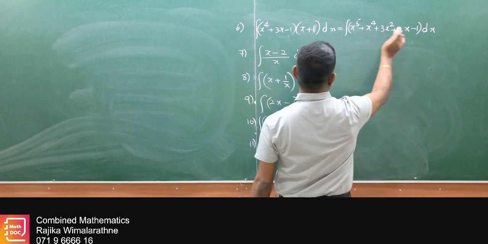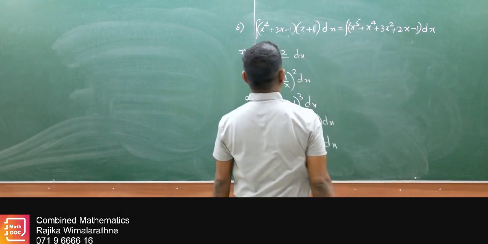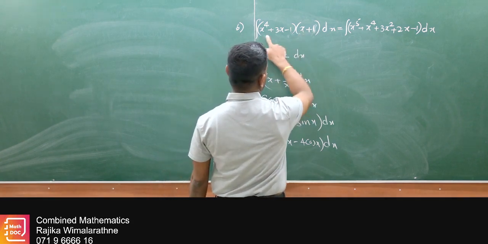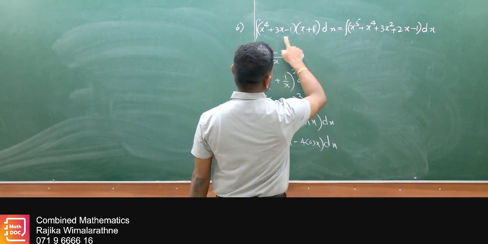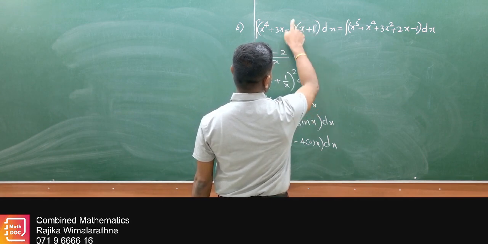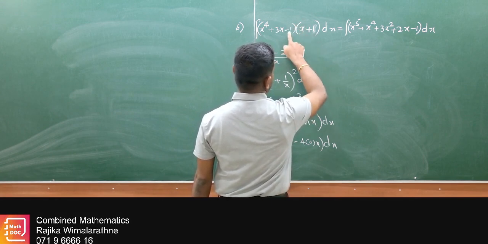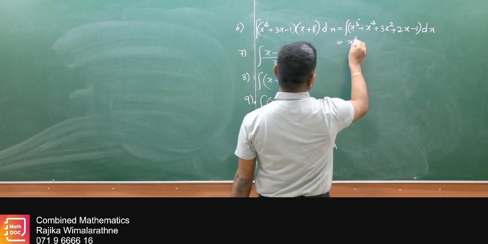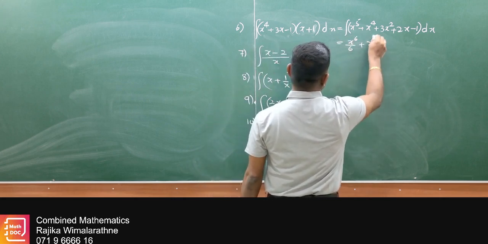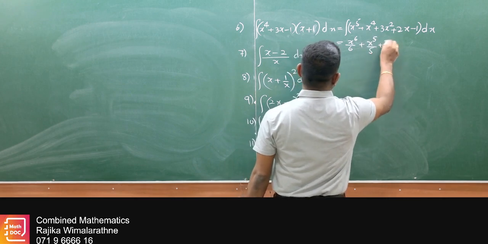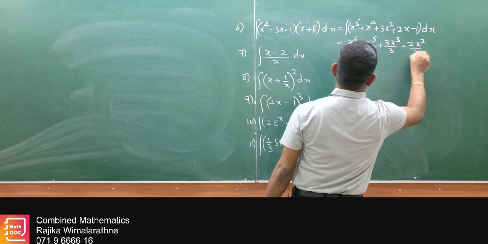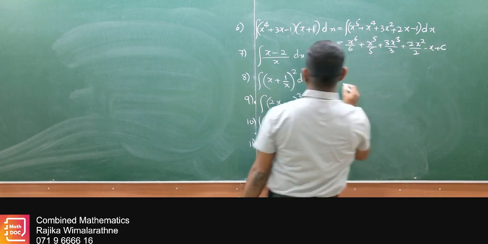Okay? X to the power 4, x to the power 5, x to the power 4, 3x squared, 3x, minus x, 2x, minus 1. Okay, now you can integrate. X to the power 6 over 6, x to the power 5 over 5, 3x cubed over 3, 2x squared over 2, minus x plus c.